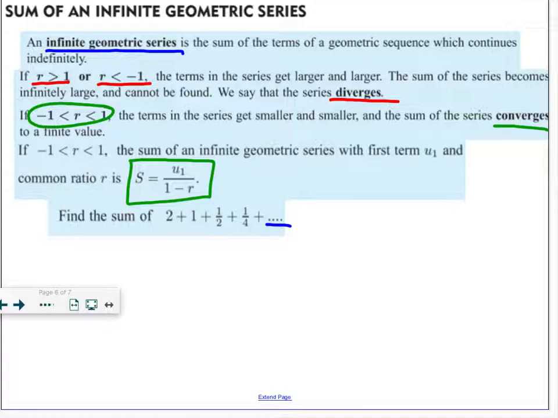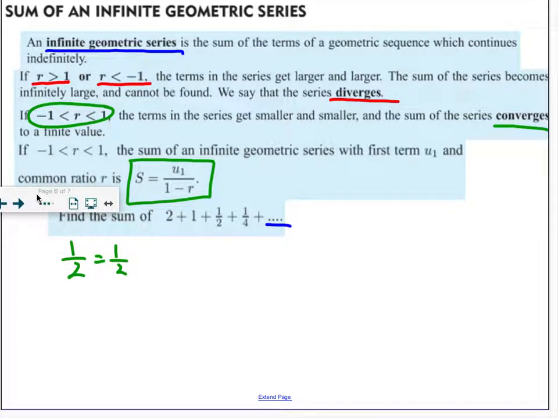First we get our common ratio: 1 divided by 2 is 1/2, and 1/2 divided by 1 is 1/2. So my r is equal to 1/2, meaning it's convergent because 1/2 is less than 1 and greater than -1.